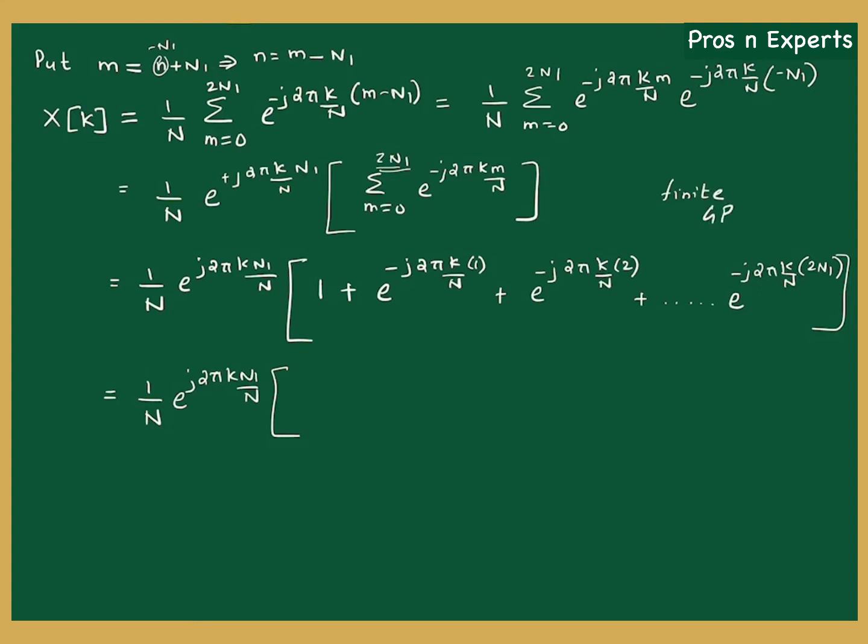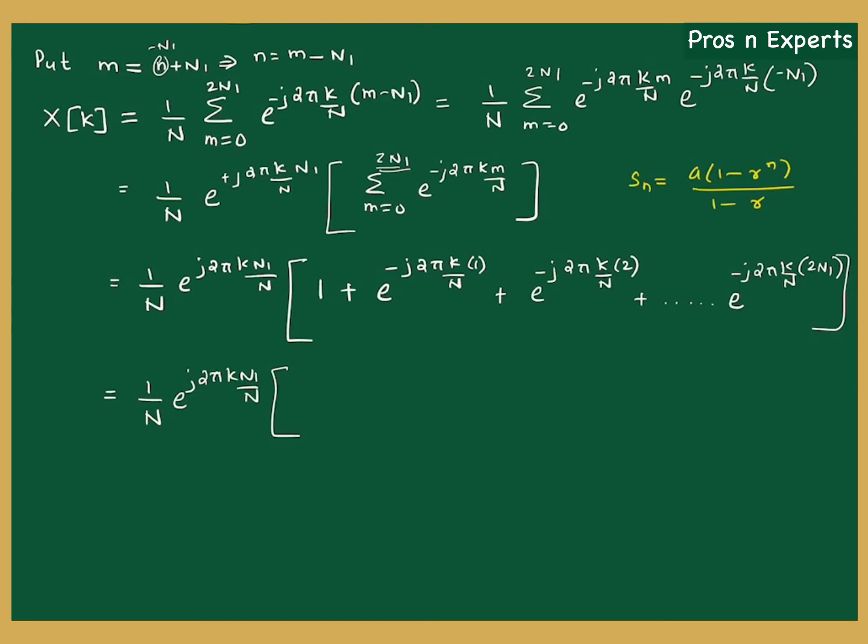And you know what is the sum of a finite GP? That is Sn is equal to, if there are n terms, then a into 1 minus r to the power n by 1 minus r. This is the expression to find the sum of a finite GP with n terms.